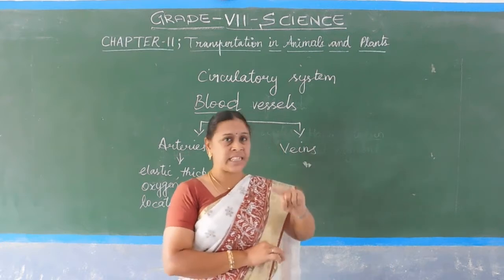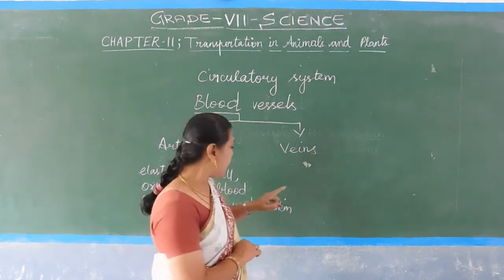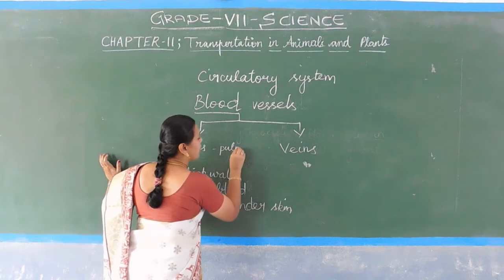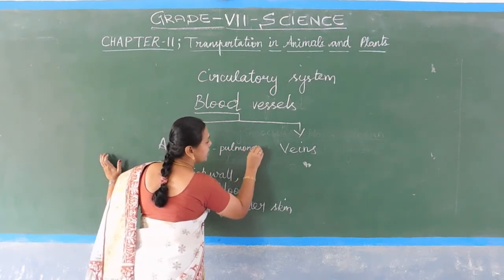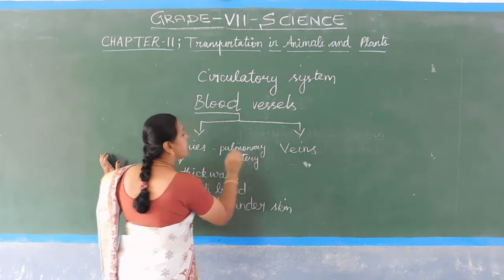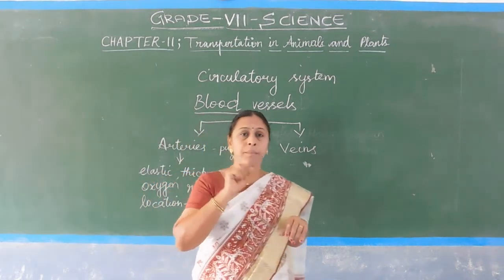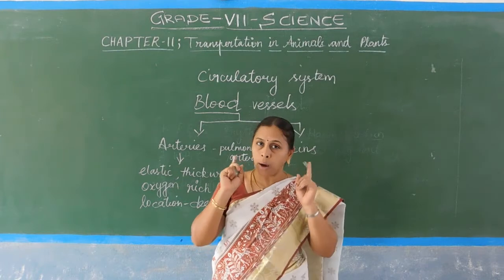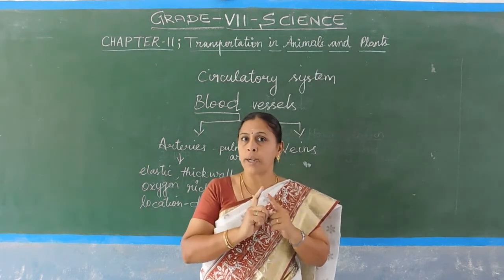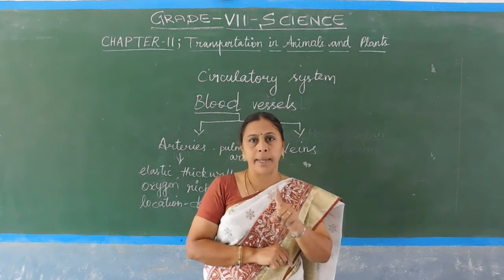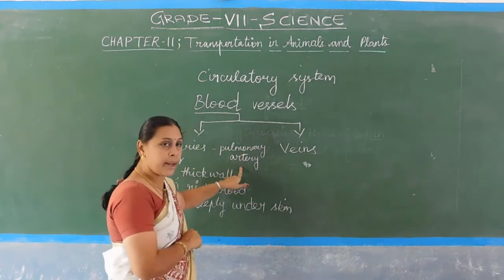In this, one exception is there. That is the pulmonary artery. It carries blood rich in carbon dioxide. All the arteries will carry only the oxygen-rich blood except one artery, that is the pulmonary artery.